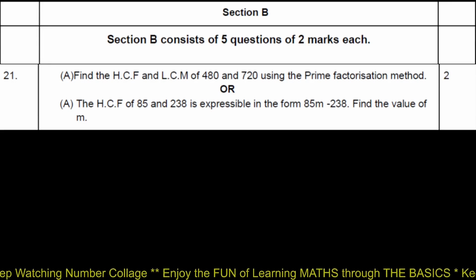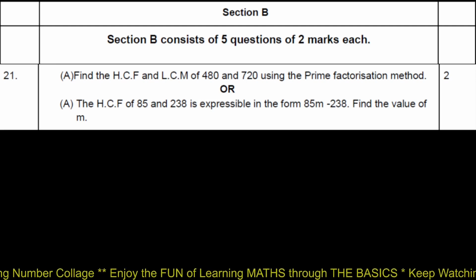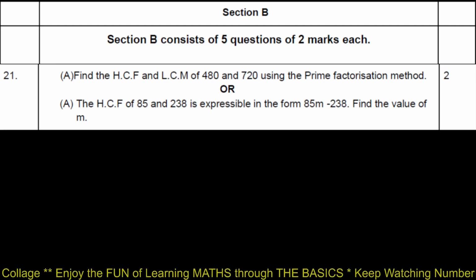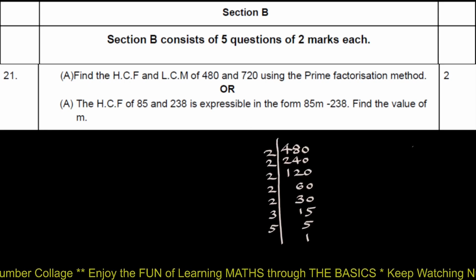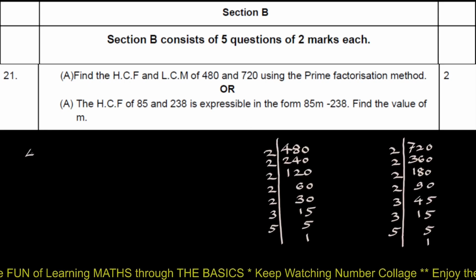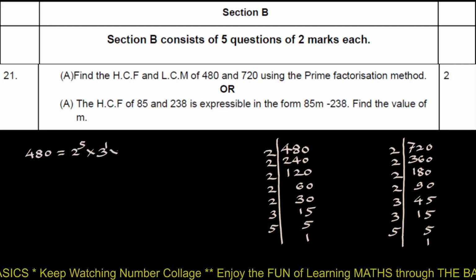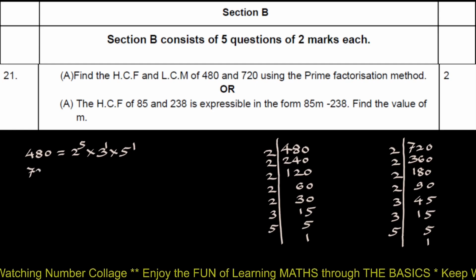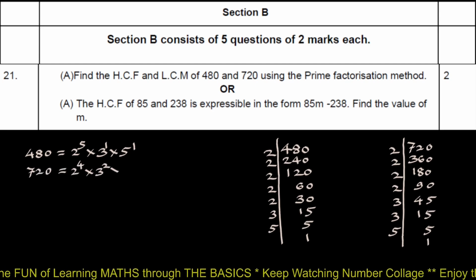For finding the HCF and LCM of 480 and 720, we first find the prime factors of 480 and 720. So 480 equals 2 raised to 5 into 3 into 5. 720 is 2 raised to 4 into 3 squared into 5.